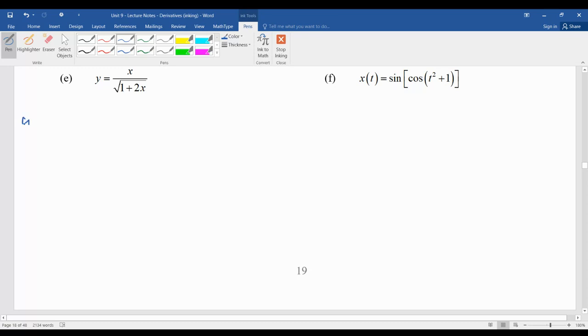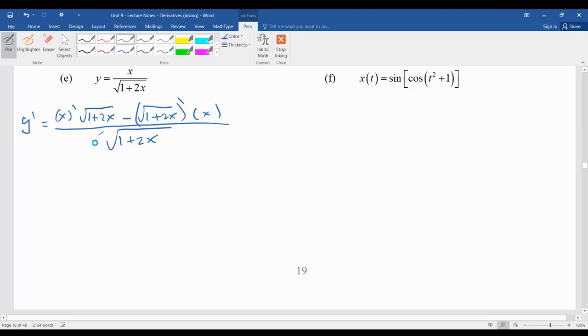So we write y prime equals the derivative of x times the square root of 1 plus 2x, minus the derivative of 1 plus 2x times x, all divided by the square root of 1 plus 2x, squared.